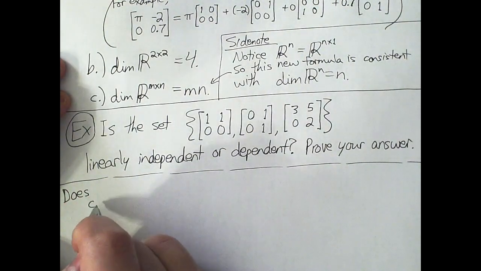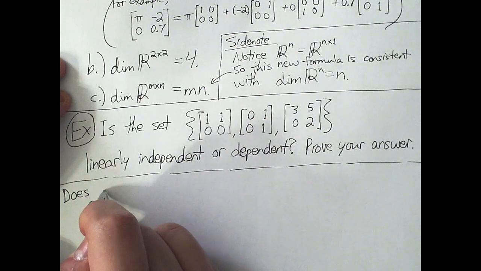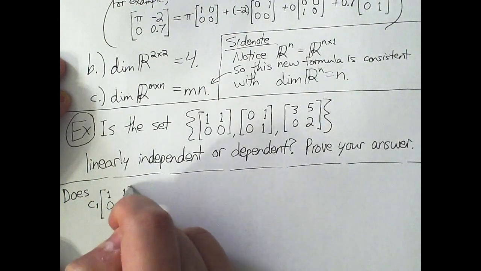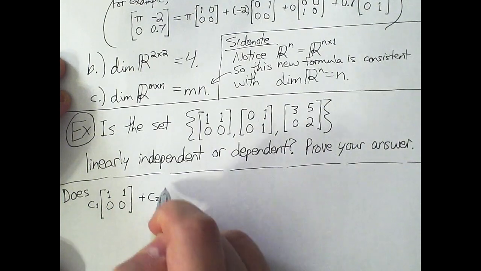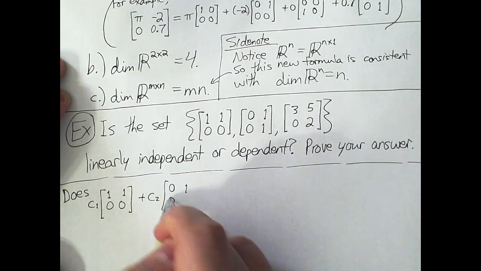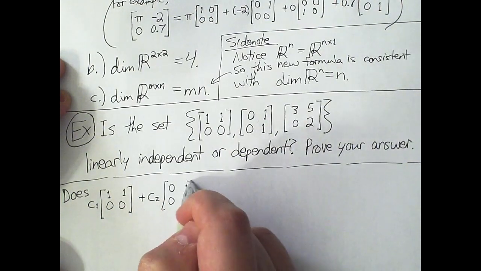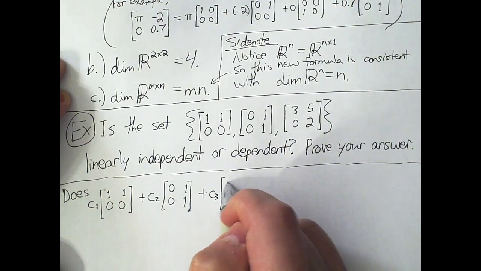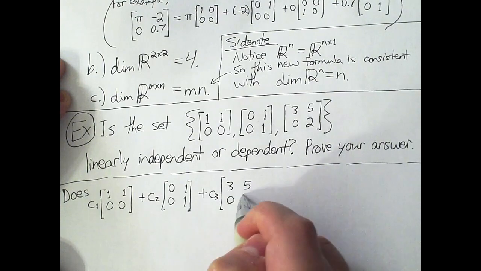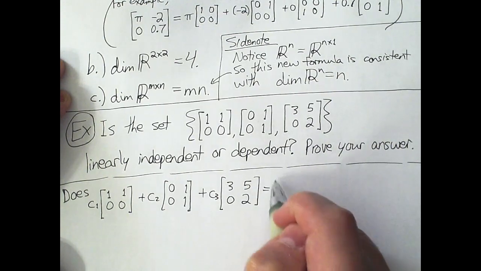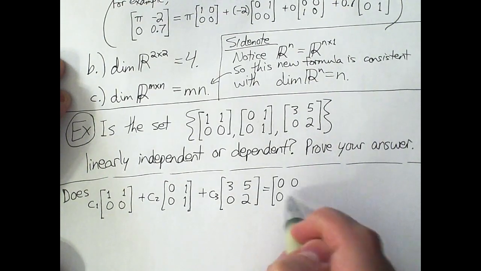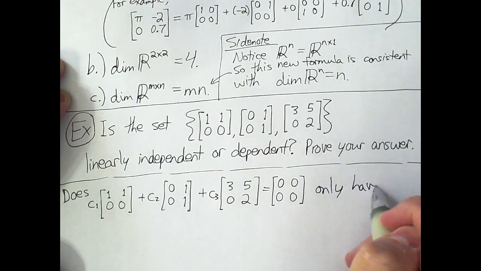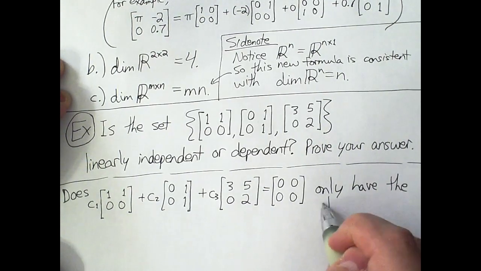What it really comes down to, going back to the definition of linear independence, is: does this only have the trivial solution?